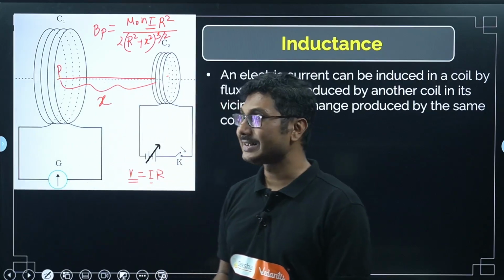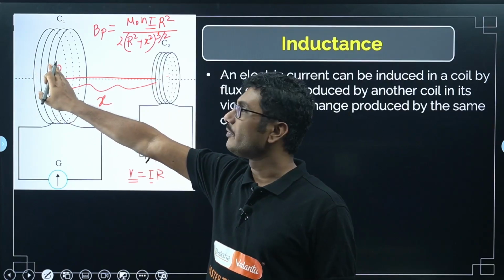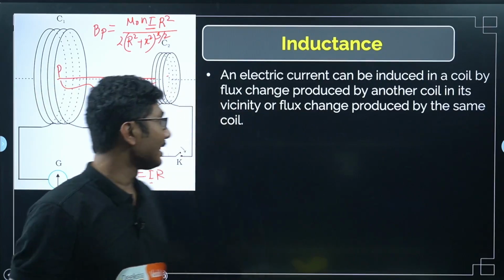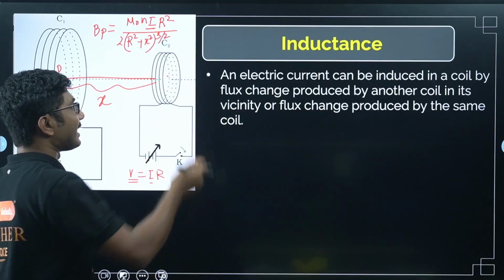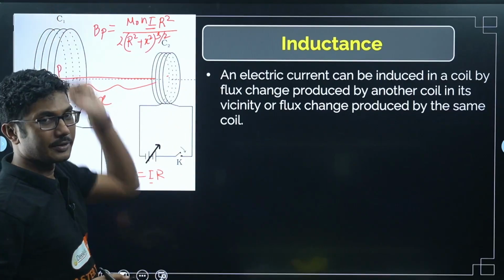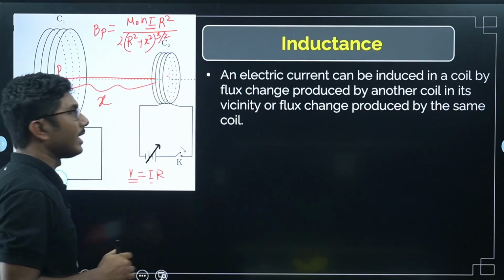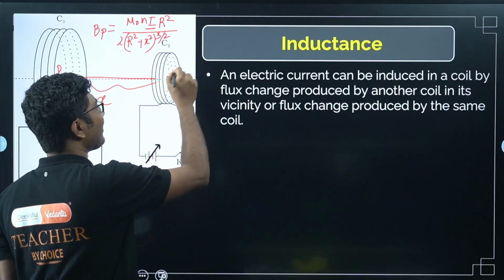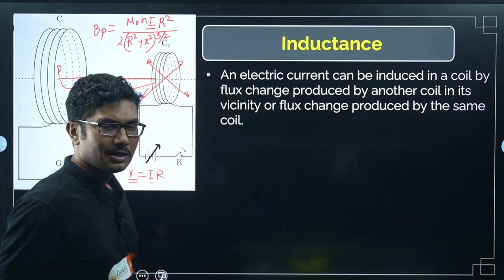So basically, this coil can change the flux linked with this coil, right? Another way of thinking is this coil itself is producing a magnetic field. Assume for some time that there is only one coil. Now I am changing the voltage, so current is changing. Current is changing means the magnetic flux linked with this same single coil is also changing, right?